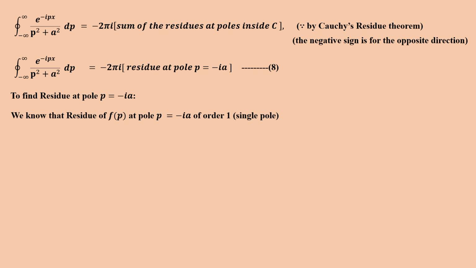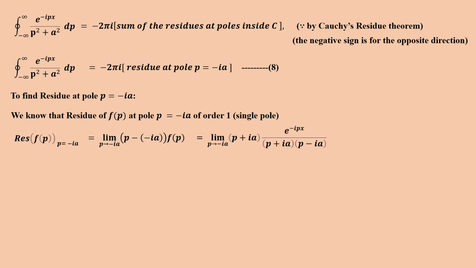We are using the formula: residue of f of p at p is equal to minus ia is equal to the limit p tends to minus ia of p plus ia into f of p. We know f of p is e power minus i p x by p plus ia into p minus ia. So p plus ia in the numerator and denominator get cancelled, and you get the limit p tends to minus ia of e power minus i p x divided by p minus ia.